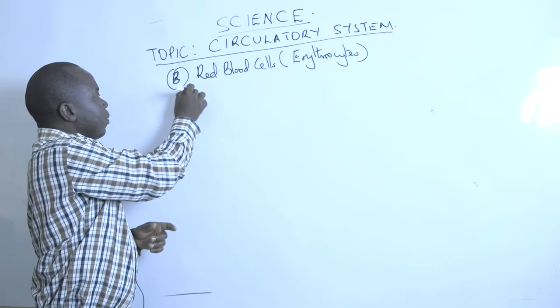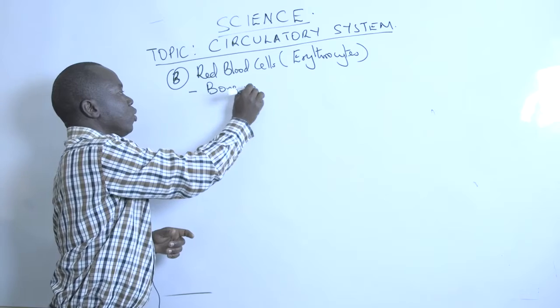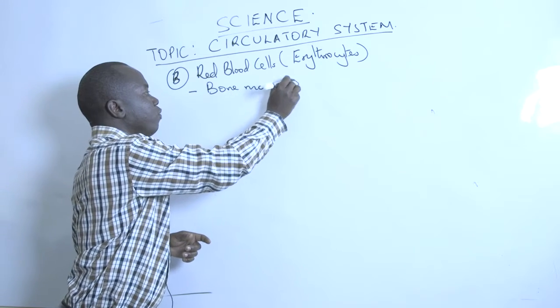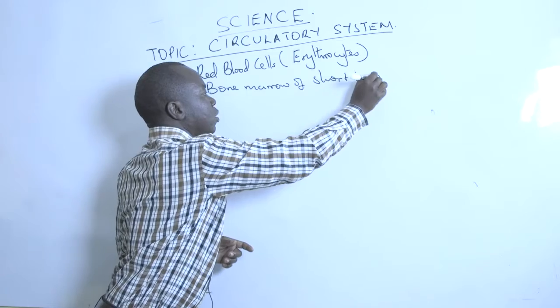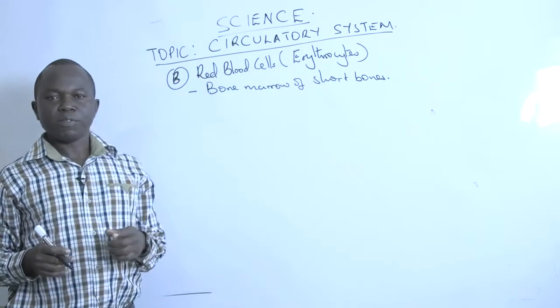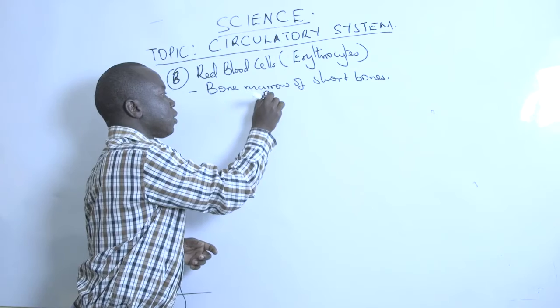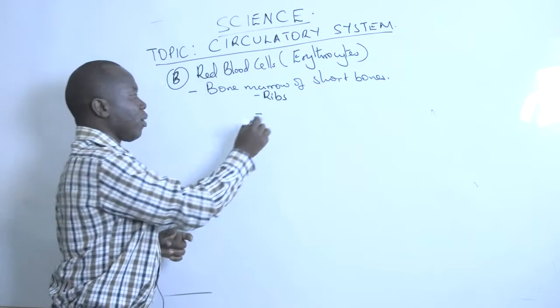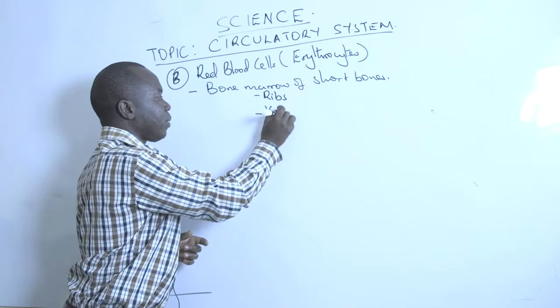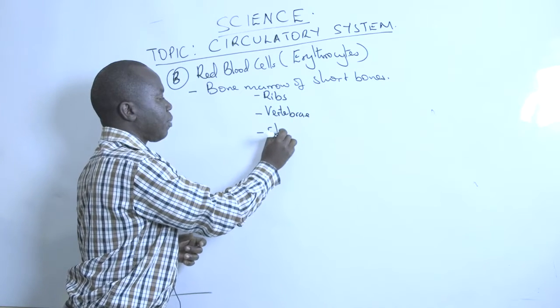Red blood cells are produced in the bone marrow of short bones. Examples of short bones include the ribs. In the vertebral column, we have the vertebrae, and then the sternum.